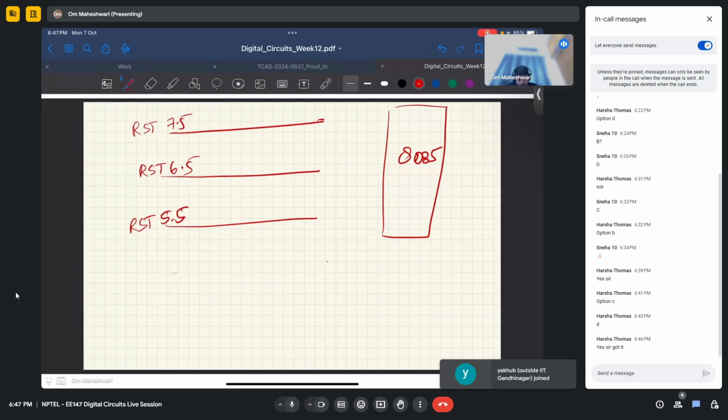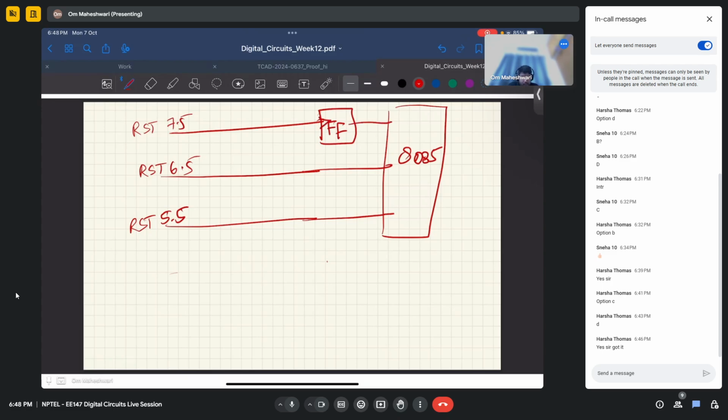Here, in 7.5 there is a flip-flop attached, which connects directly to the 8085. This flip-flop must be an edge triggered flip-flop. As soon as you give it high, this edge triggered flip-flop turns to 1 or 0, and it remains so for the entire time.